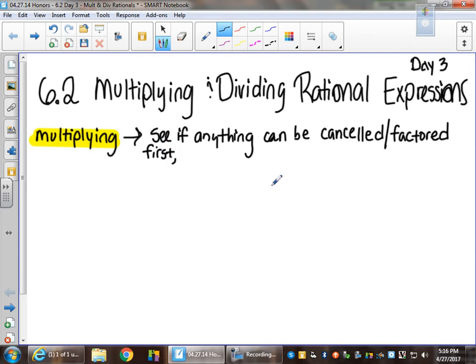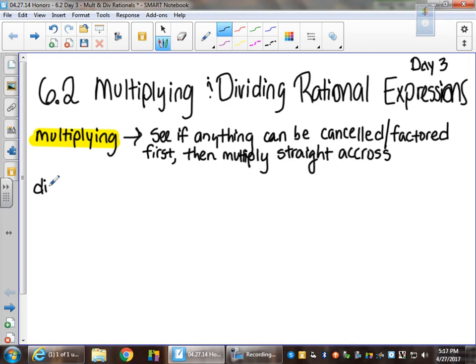So see if anything can be canceled or factored first, then multiply straight across.